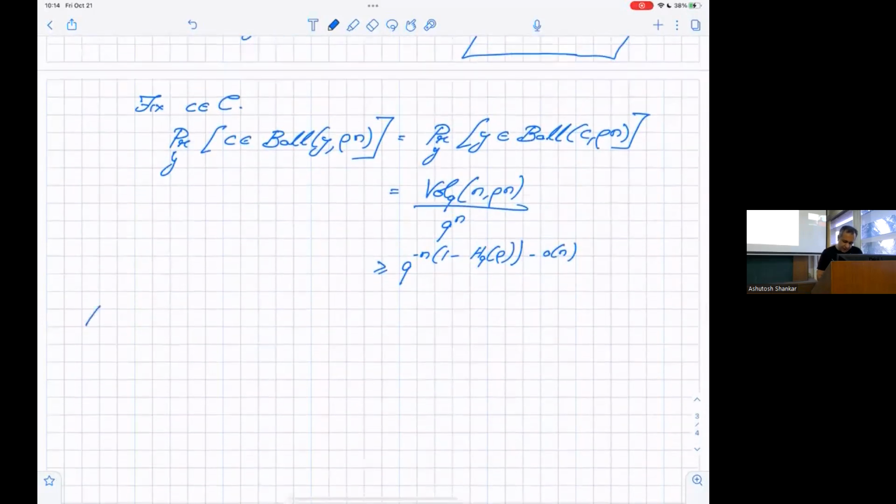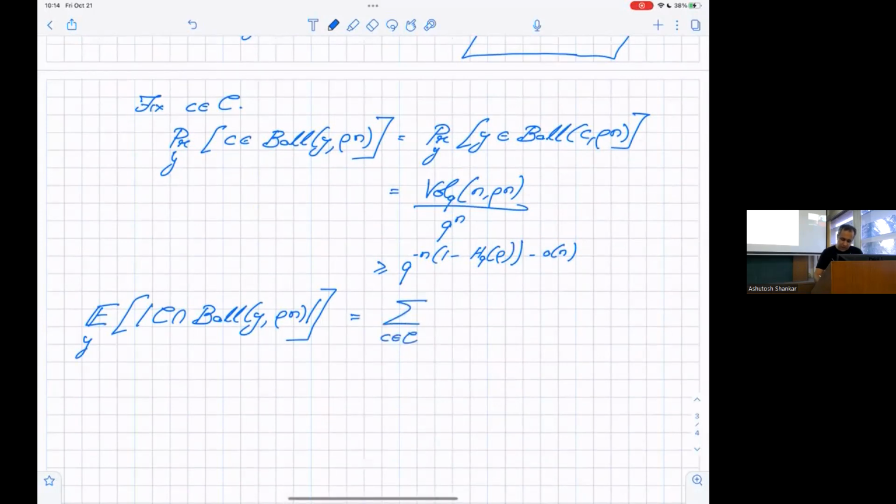So now let's look at the expected size of C intersection ball of y, rho n. This is a random variable. Let's see, what is this? I can just go over all C, expected, by linearity of expectation.